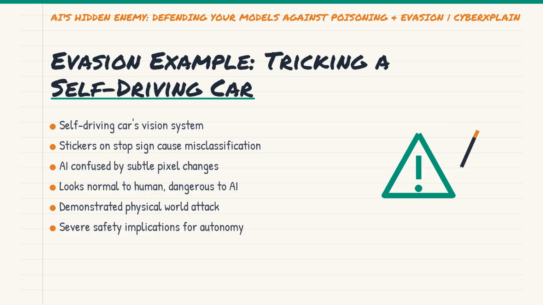This isn't theoretical, this has been demonstrated in labs, proving that such physical world attacks are possible. Imagine the real-world safety implications if traffic signs or pedestrians could be evaded by an autonomous vehicle. It's a terrifying thought, highlighting the need for robust perception.